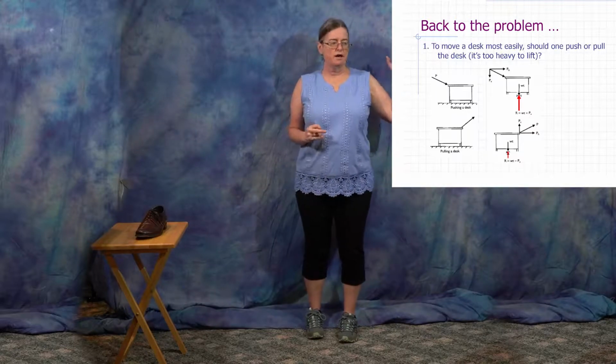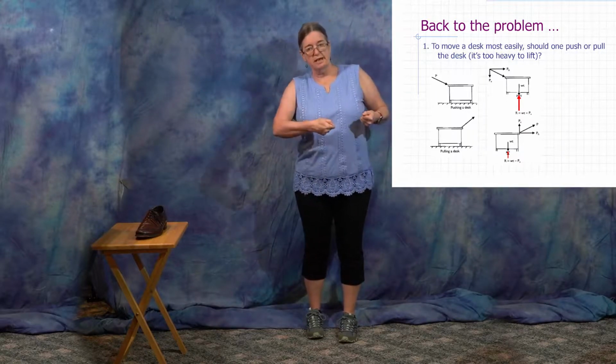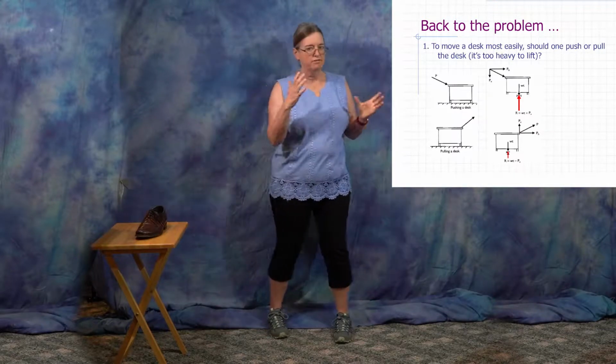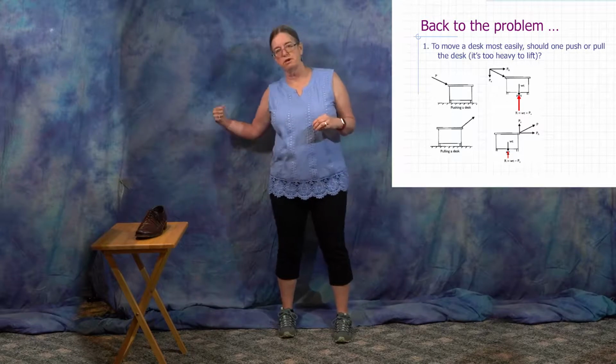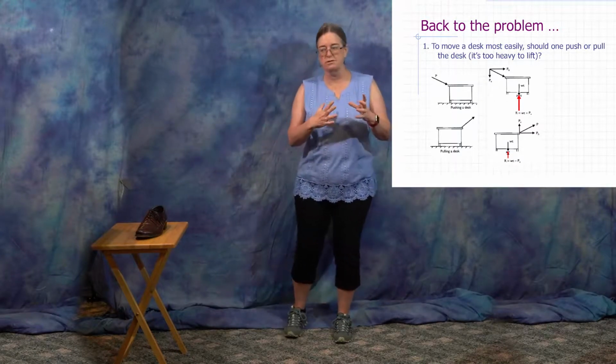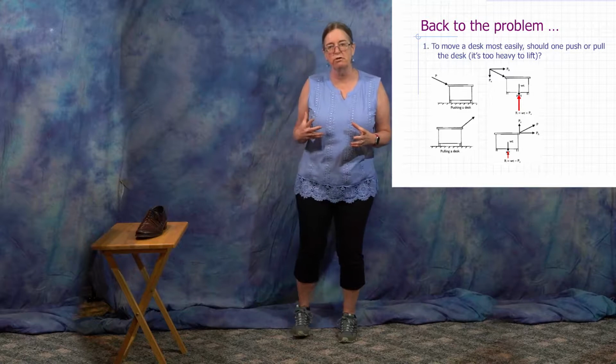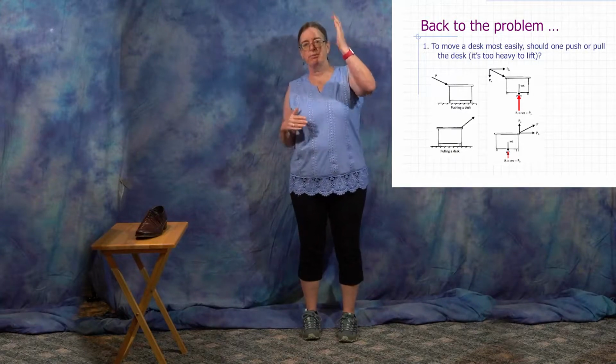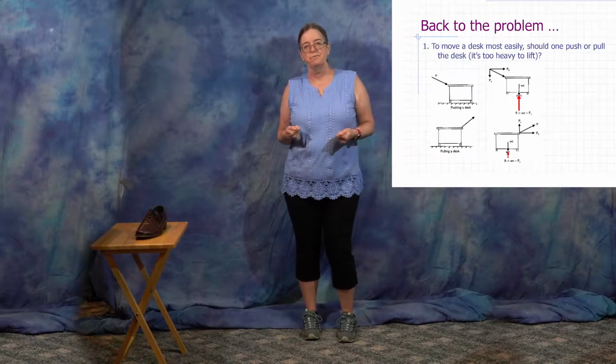In the case of pulling the desk, you'll still have the same component horizontally that will allow that desk to move. But the other component of force actually acts up in the pulling situation.